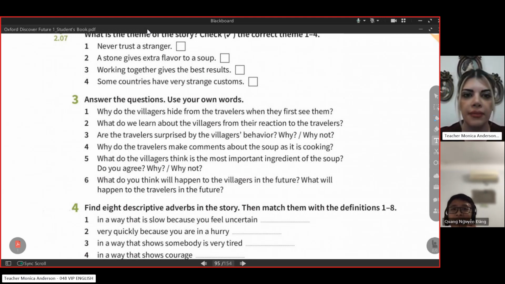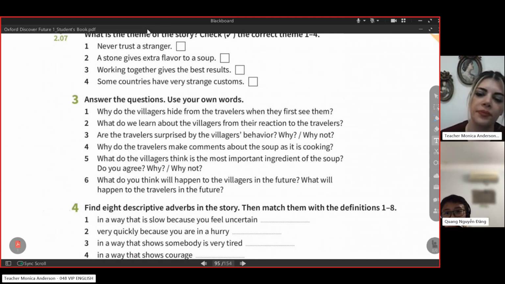Two. What do we learn about villagers from their reaction to the travelers? So, what do I learn? I have learned just a little bit, not too much, about the villagers from their reaction to travelers.